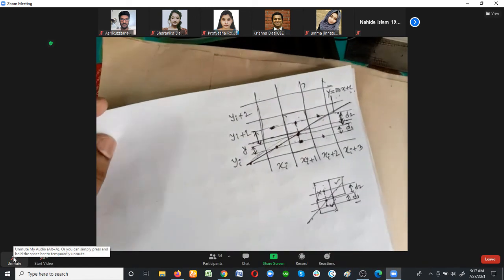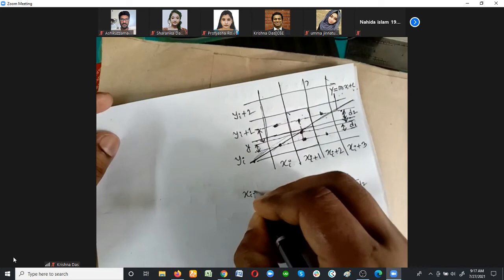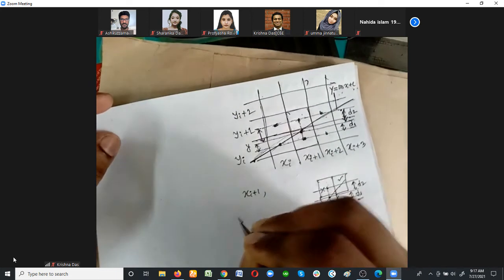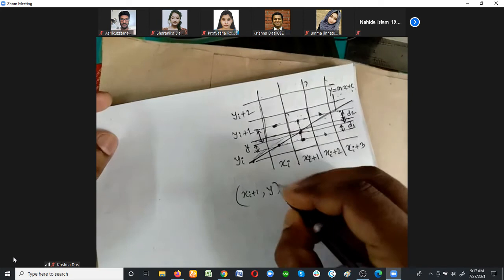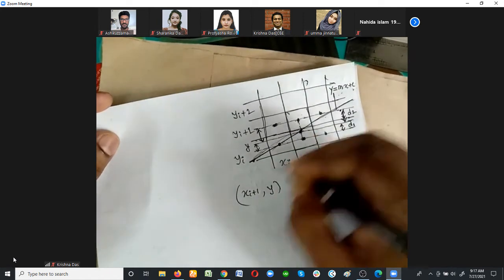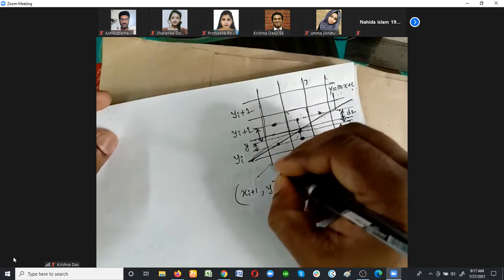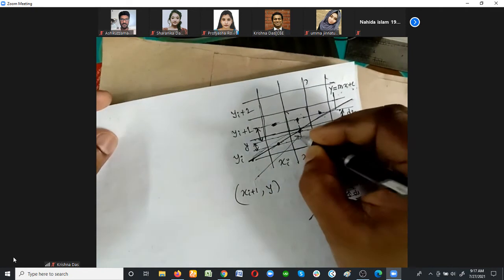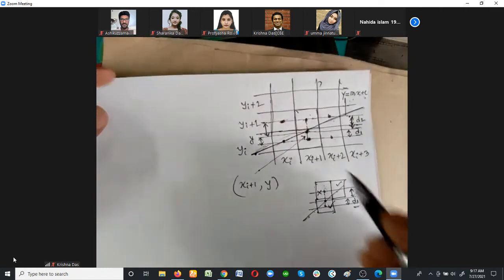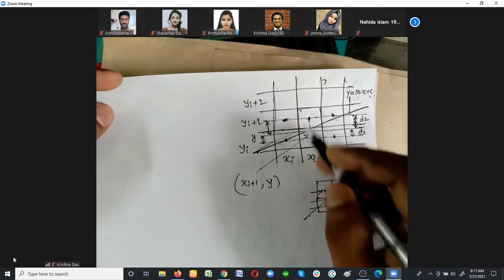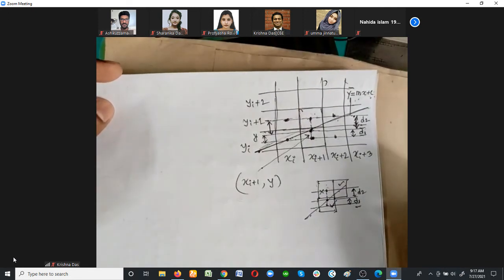So I have xi plus 1 and the y. This is my point, right? I'm not drawing that one so that it will not look more complex, but this is the coordinate of this point we are talking about, because through this point I am making a comparison of the distance of those two pixels, right?